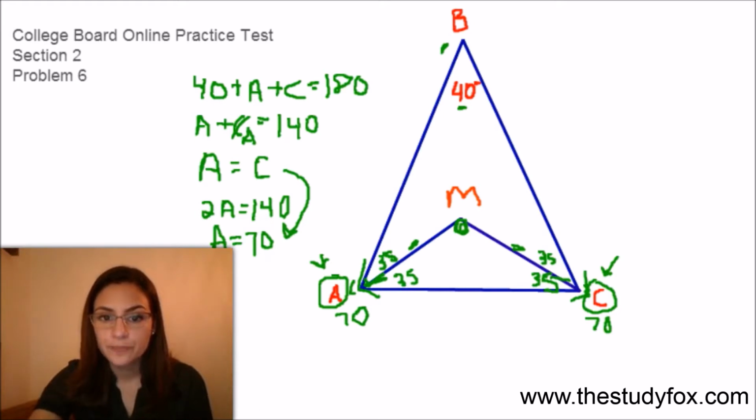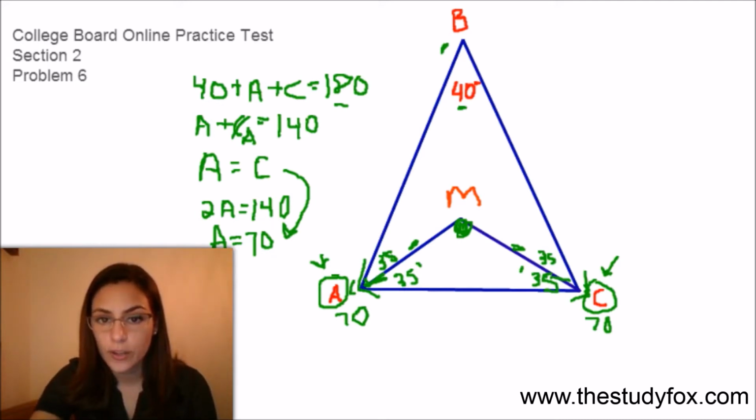Lastly, we have to find angle M, and now it's easy because we remember that all the angles in any triangle have to equal 180 degrees, and for this small triangle we now have two of the angles.